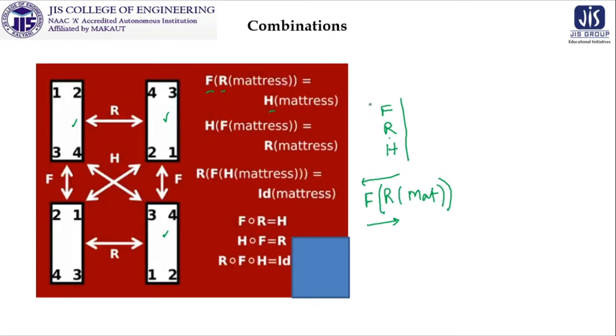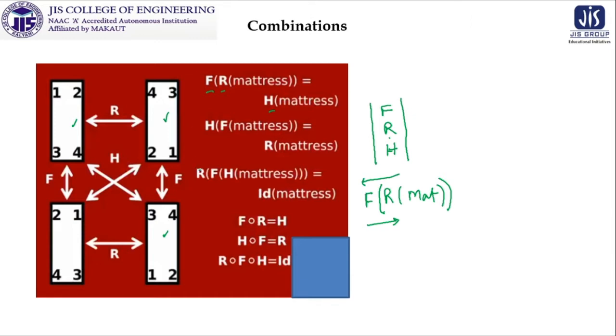Because if I consider flipping, rotation and head to toe as the only operations in my hand, then if I rotate first then flip, we get the head to toe operation. Similarly, if you flip then head to toe, you will get the rotation. Look at this: if you flip it, then make the head to toe, you get the matrix which you get after rotation.